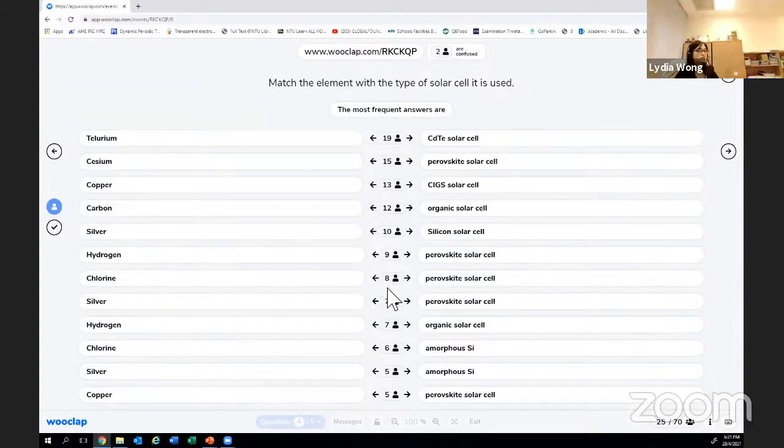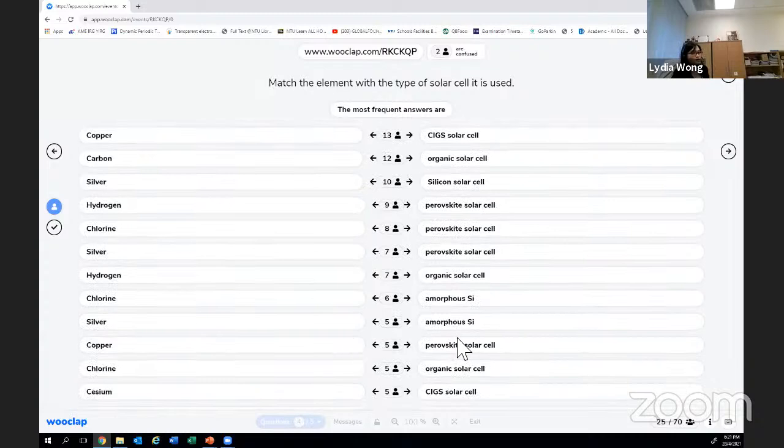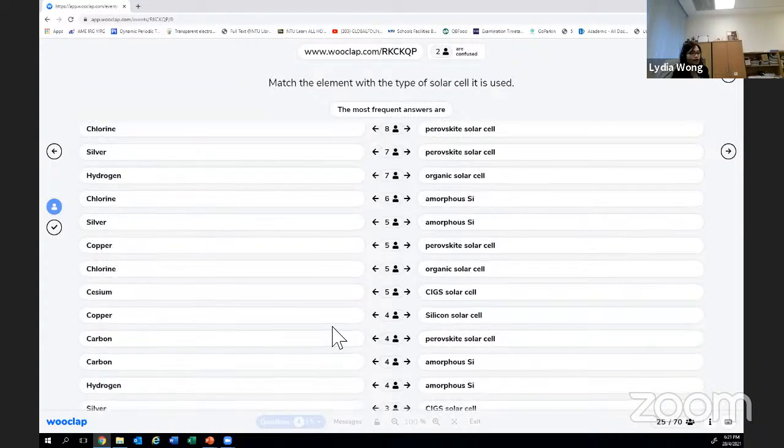Chlorine is used in perovskite, that's correct. Hydrogen in organic solar cell, this is also correct. Chlorine in amorphous silicon, I don't think so. Silver in amorphous silicon could be correct because it is used as a contact. Copper in perovskite solar cell, not wrong, some perovskite solar cells have copper, but not the best efficiency ones. Chlorine in organic solar cell, yes.